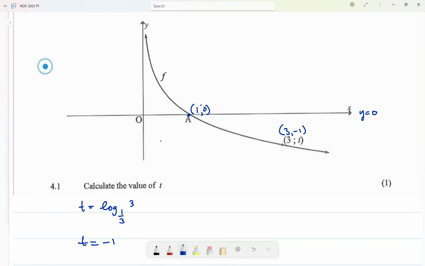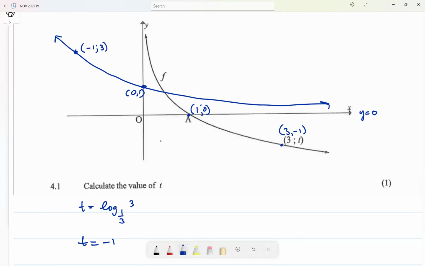I know the y-intercept will be (0, 1). If the x-intercept is (1, 0) here, we flip that coordinate to be (0, 1). And the other coordinate that I flip is (3, -1), but in this case it's going to be (-1, 3). So I can put it here and say it is (-1, 3).